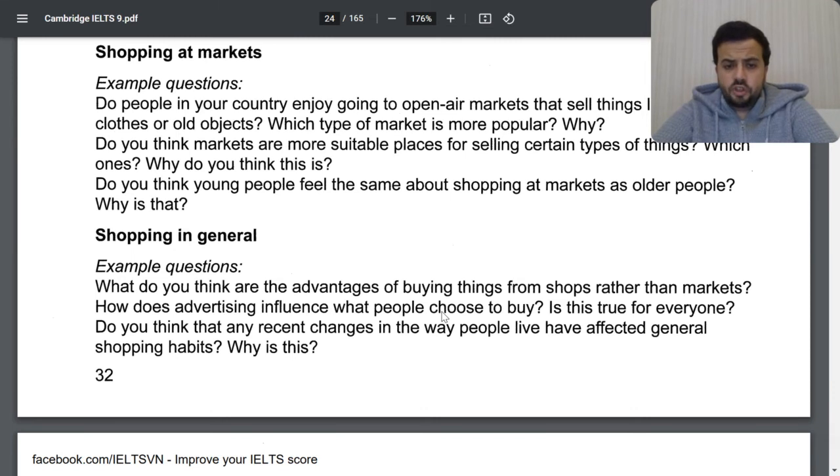Do you think that any recent changes in the way people live have affected general shopping habits? Why is this? Yes, I think so, because some people nowadays want to buy, for example, a new mobile even if his old mobile is still working, because all his friends or family members have switched to a new brand, or they have changed their mobiles during the last year, and he is the only one who's still using his old mobile which he bought 3 years ago.